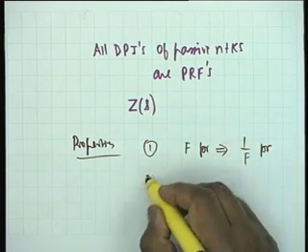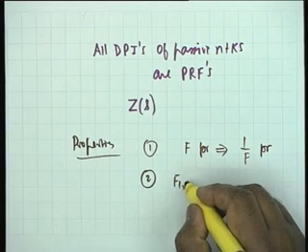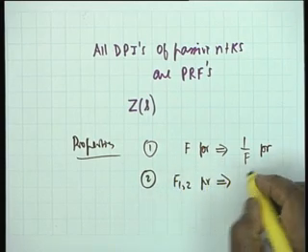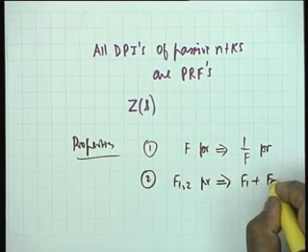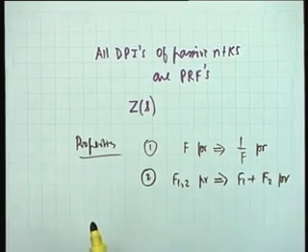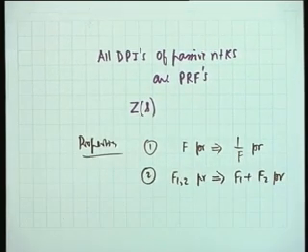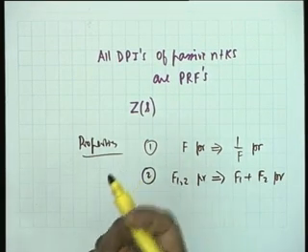And then if f1 and f2 are PR, then so is f1 plus f2, but not f1 minus f2 necessarily. F1 minus f2 will depend on the relative values of real part of f1 and real part of f2 for the right half plane.